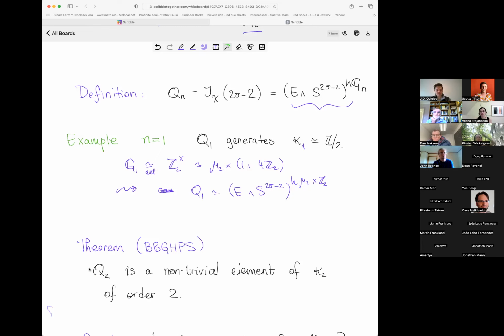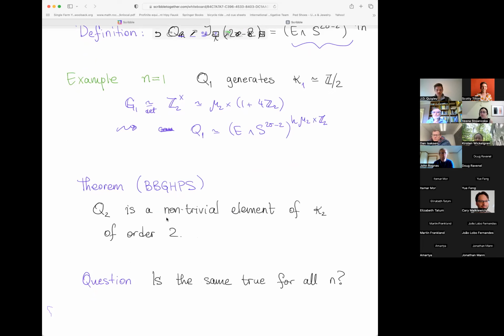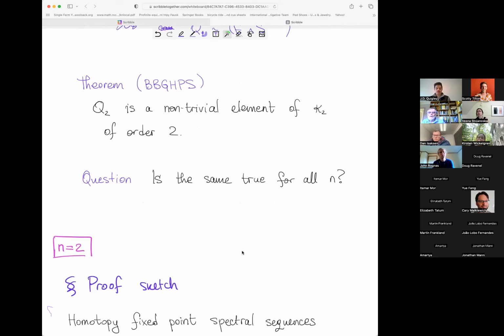There's this sort of bifurcation happening as you jump from height 1 to height 2. So a natural question you might ask is whether some part of the statement is true for higher heights. We don't know whether that's the case or not. Our method is rather computational, so if such a thing is true always, there should be a better proof than what I'll try to sketch next.